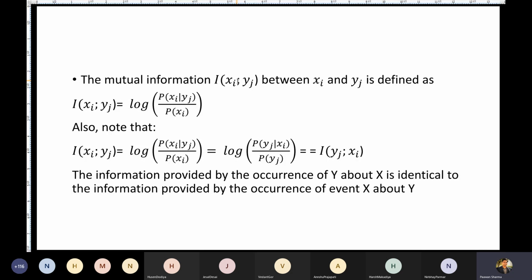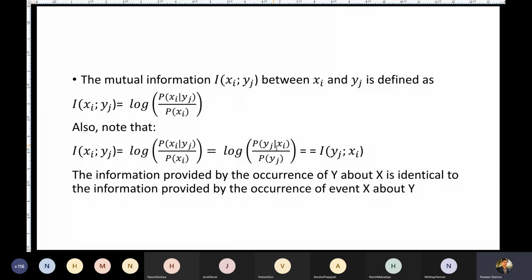Also, the same formula, if you replace the indices, this is Xi Yj. So the information I of Xi given Yj has occurred is log of P of Xi given Yj divided by P of Xi, which is equal to log of P of Yj given Xi divided by P of Yj. Given Yj, you are finding the probability of Xi.